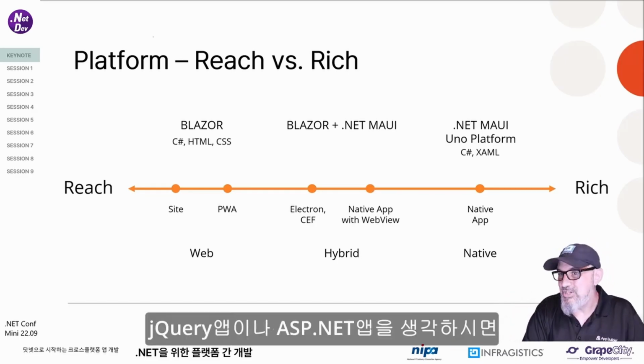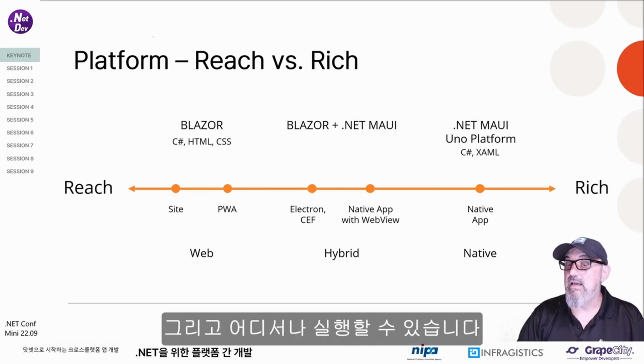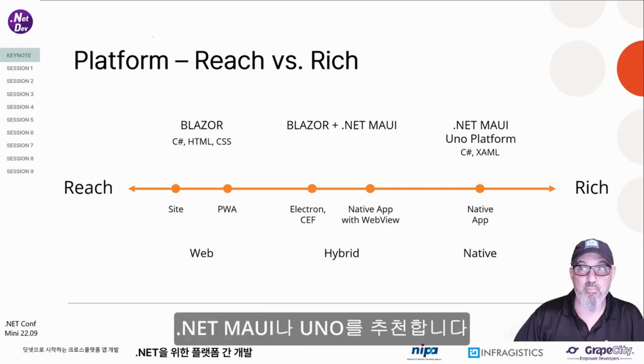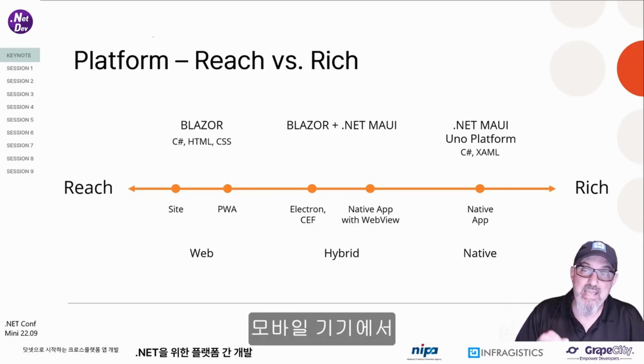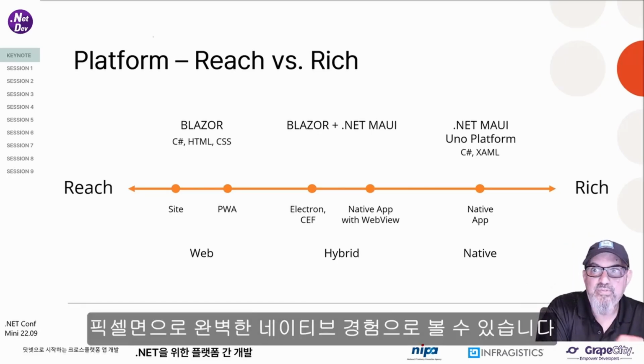So if you think about a jQuery app or an ASP.NET app, Blazor gives you more power, maybe more capability, but you can run it everywhere. If you're looking for something that really has that pixel perfect native experience, I would definitely recommend going with .NET MAUI or Uno. And this would be a pixel perfect native experience on a mobile device.